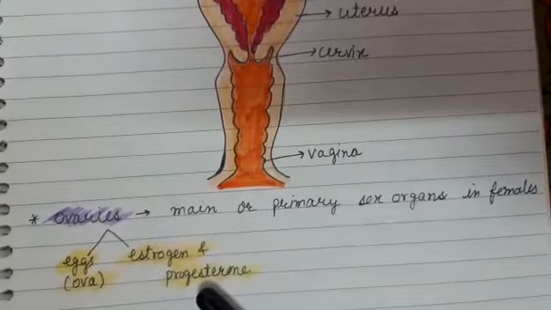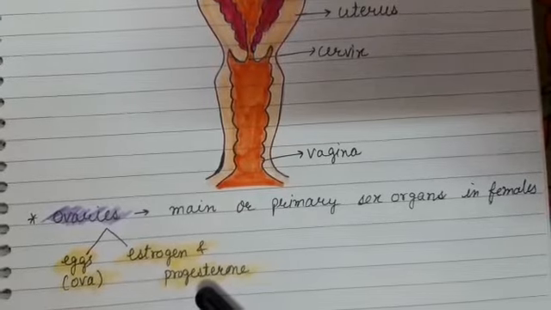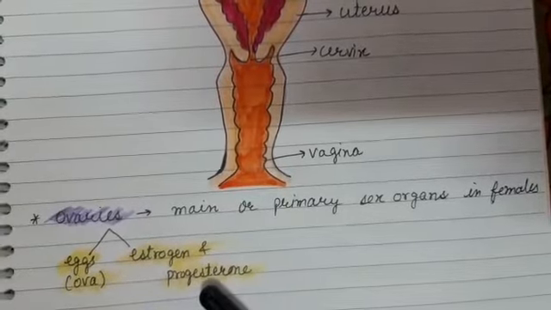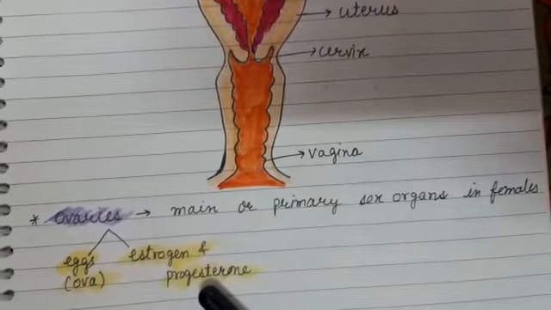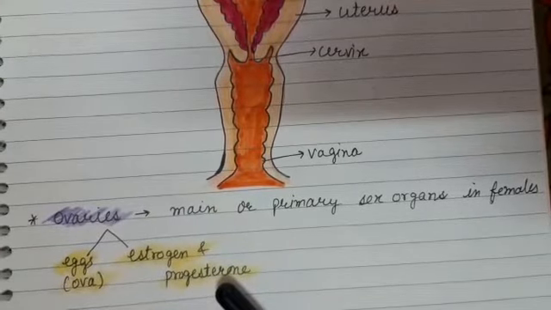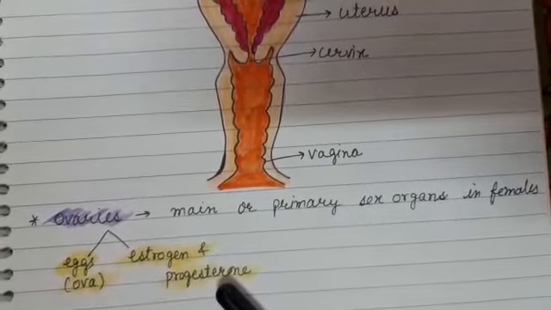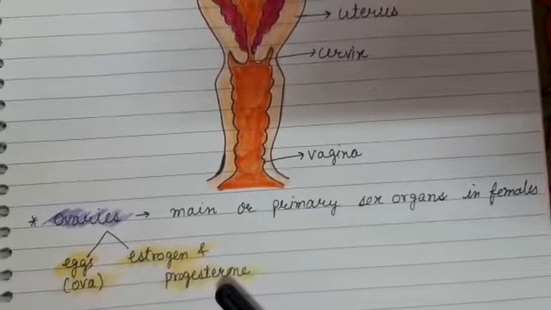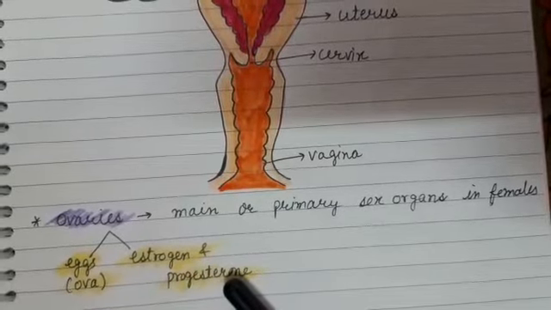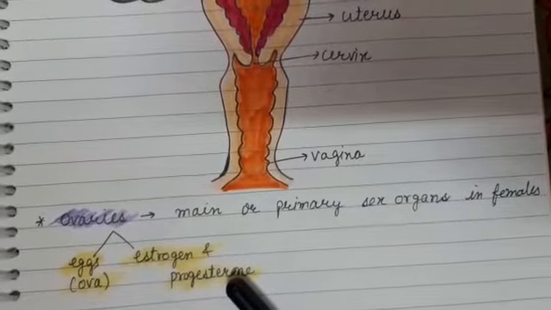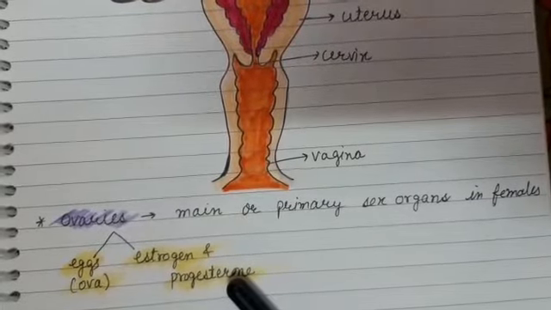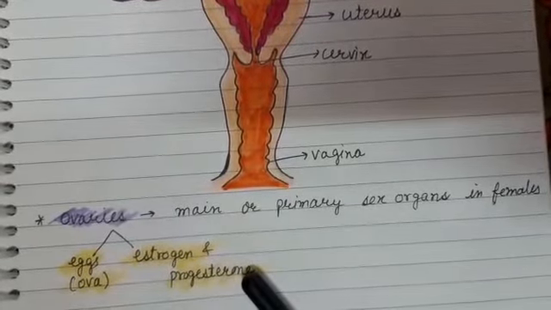These hormones help in the development of uterus, fallopian tube and vagina, and the appearance of secondary female characteristics, sexual characteristics which we studied in our previous videos, regular menstrual cycle, development of mammary glands and changes during pregnancy that we'll study in our next videos.